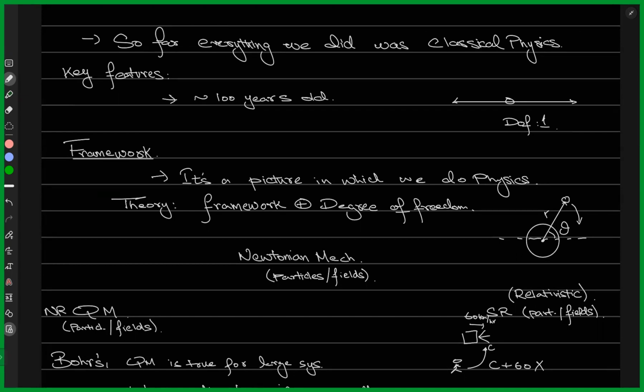Quantum mechanics is not a theory, it is a framework, which means that you can apply it to electricity and magnetism, to condensed matter physics, the physics that deals with matter, and to gravity as well, and all the other theories. They can be seen in the framework of quantum physics.